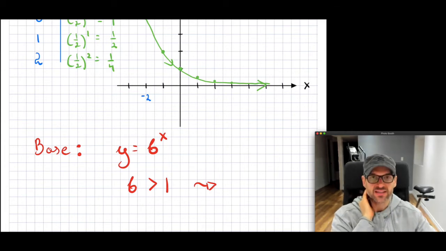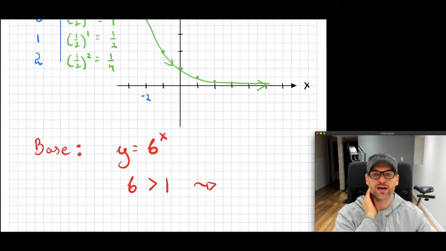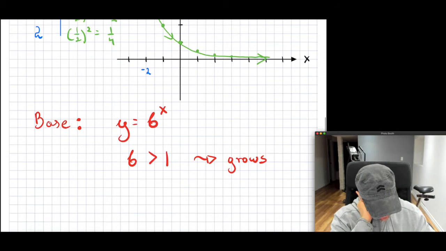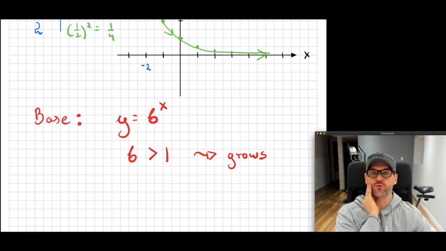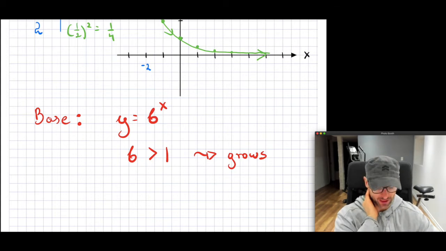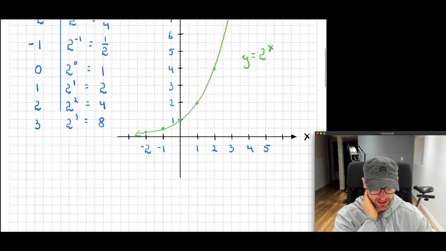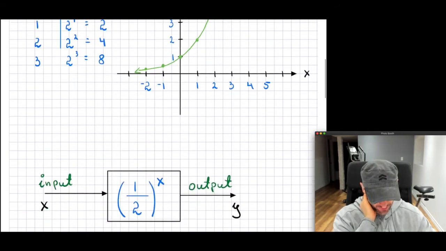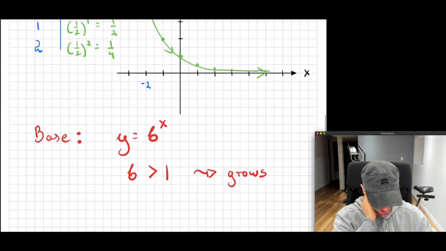This is an exponential growth upwards. So this grows exponentially when b is greater than 1. And we had b is equal to 2, and we saw that explosion happening as x was getting bigger and bigger. Again, because it's an exponent, we have a factor which is just multiplying consistently.